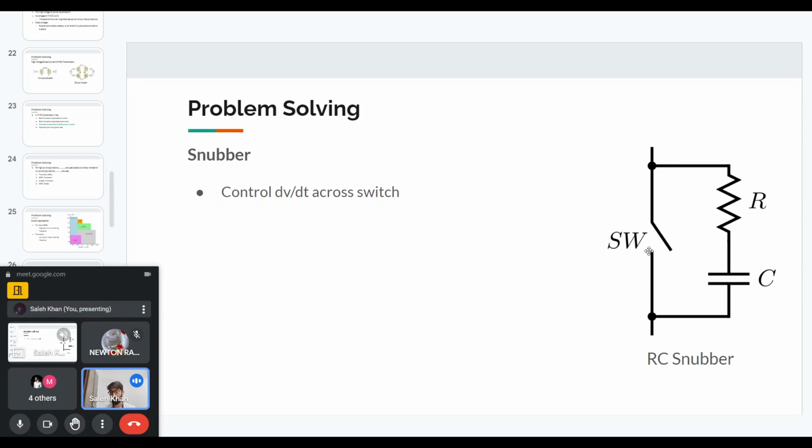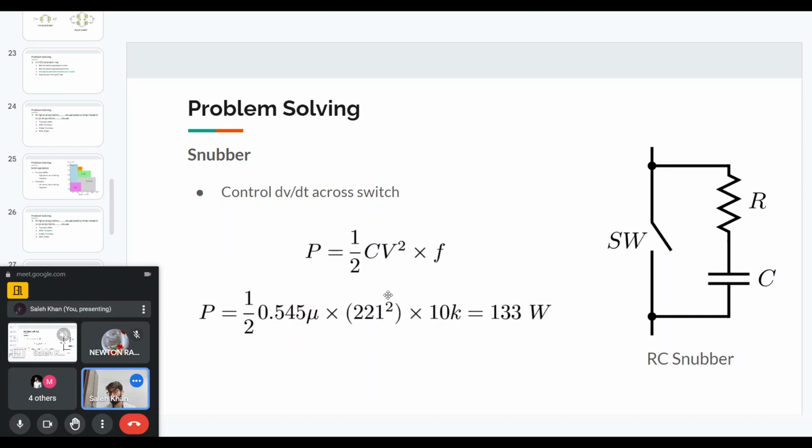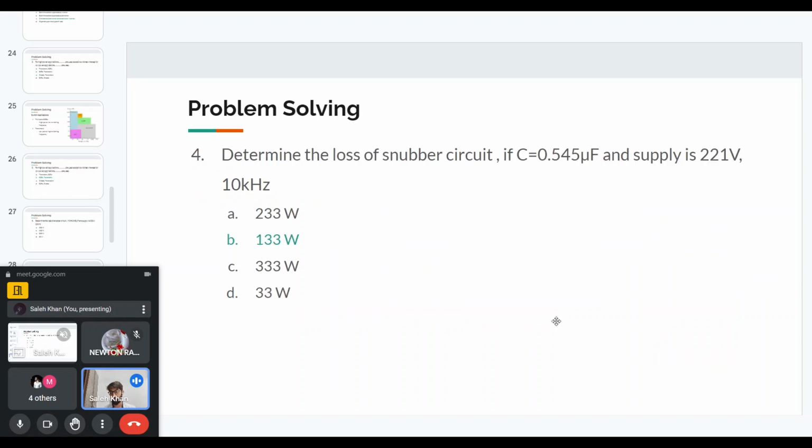The energy in the capacitor is given by half C V squared. We are given the capacitor voltage and the capacitor value, so we can find half C V squared, and the switching frequency is 10 kilohertz. So the power loss in the snubber is 133 watts. So the answer to the first problem is 133 watts.